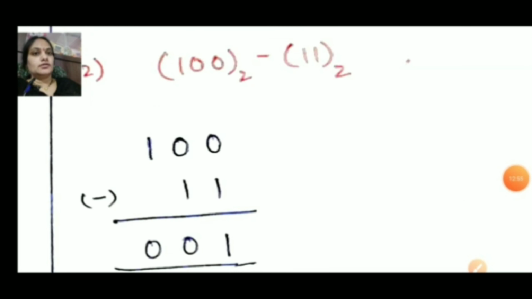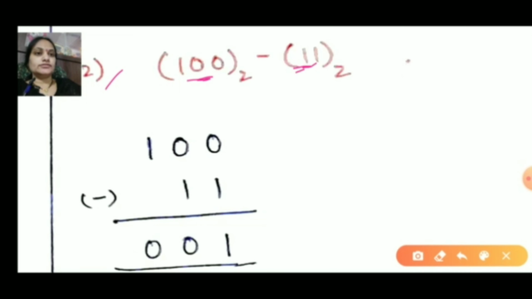Now the question number 2. Here we have to subtract this number from this number. So before going to this problem, let us take one example of subtraction in case of decimal number system. Suppose you are going to subtract 5 from 603.